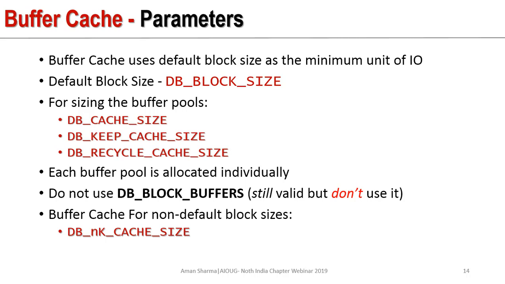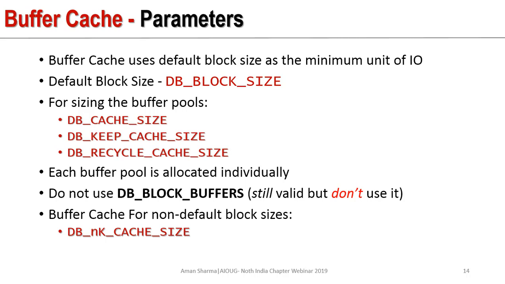In older environments, DB block buffers was the parameter to manage the buffer cache size. This parameter is still around, but it is not something you should use for buffer cache configuration. You should use the DB cache size parameter only.